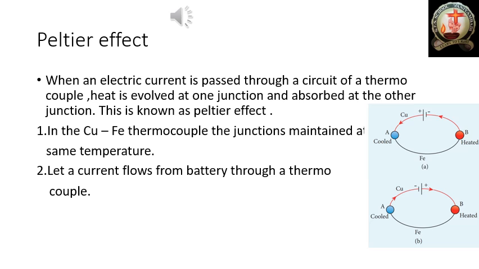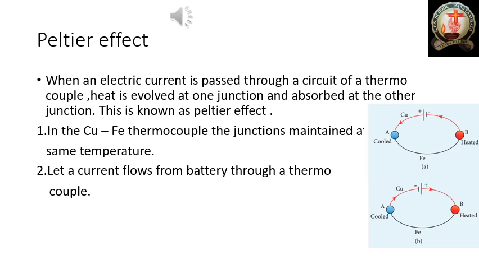Once again, when an electric current is passed through a circuit of a thermocouple. If you look at the diagram, you can understand easily. I told you that the circuit has a thermocouple, so that is the closed circuit thermocouple, otherwise called a thermocouple closed circuit.